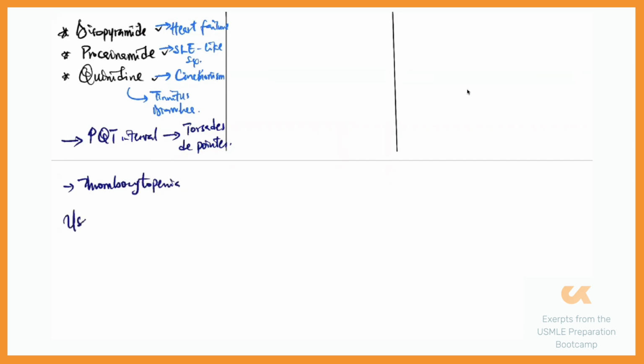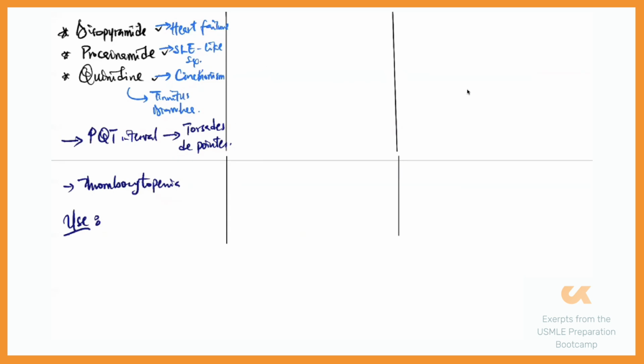And then the next thing is their use. What do we use them for? Again, we said you can use them for normal heart. So if we are talking about normal heart, what comes to mind? Maybe there is just increased heart rate, like someone with supraventricular tachycardias.